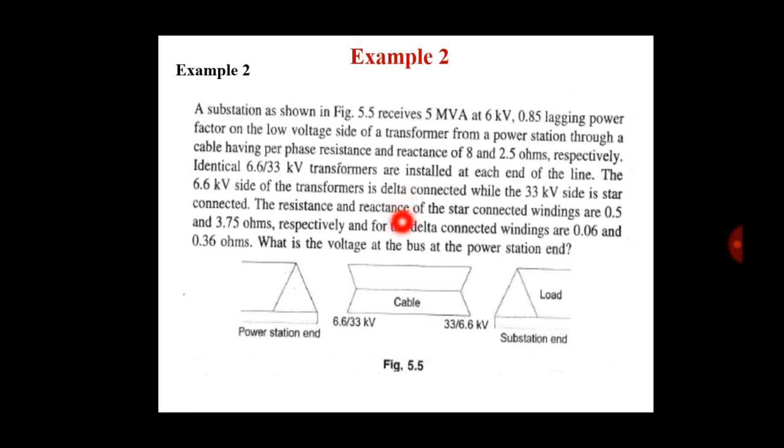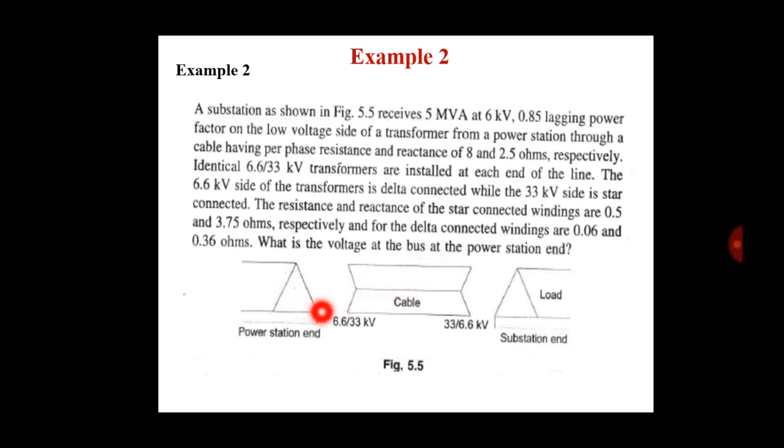The 6.6 kV side of a transformer is delta connected, while the 33 kV side is star connected. The resistance and reactance of the star connected windings are 0.5 and 3.75 ohms respectively, and for the delta connected windings are 0.06 and 0.36 ohms. What is the voltage at the bus at the power station end?